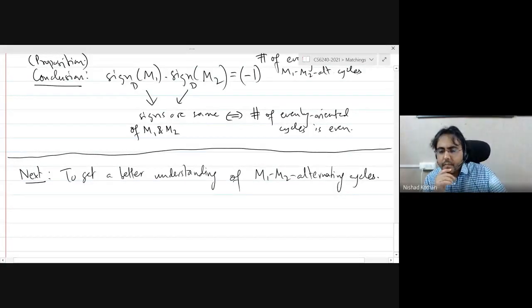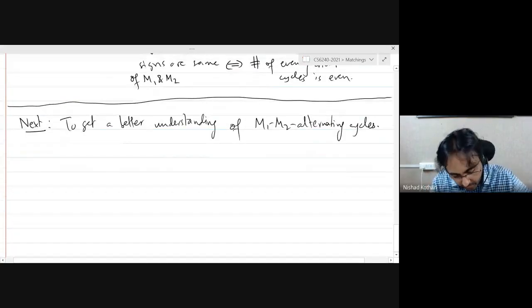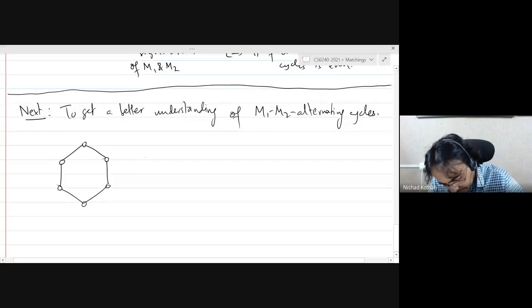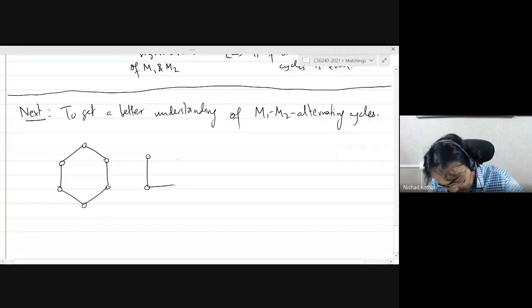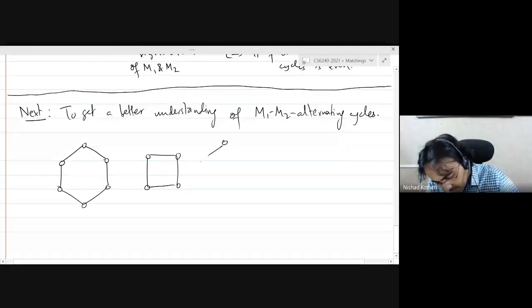Right. So I want you to make the following observation. Let's say I take two perfect matchings, M1 and M2, like before, and I look at their symmetric difference. Let's say the symmetric difference has, I don't know, 3 looks like a good number. So I'll go with 3 again.